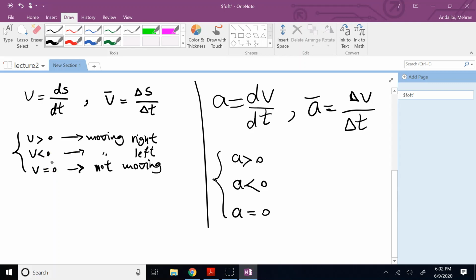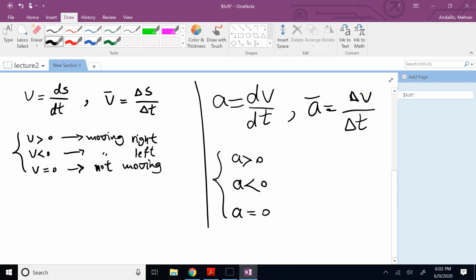Now, when you nail the brake, what happens? From negative 10, you go to negative 5, negative 2, and then 0, you stop, right? So what happens when you go from negative 5 to negative 2? Is your change in velocity positive? This delta v or dv, is that positive? Because delta t, change in time, is always positive.